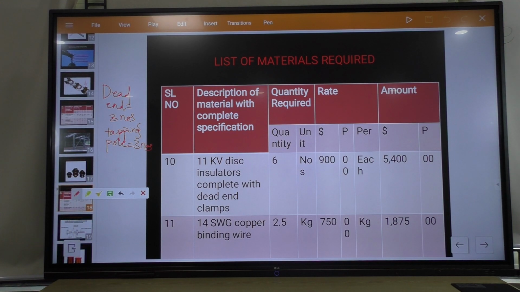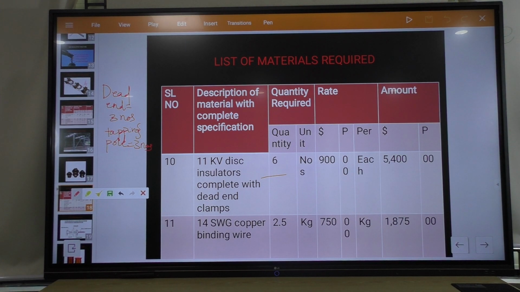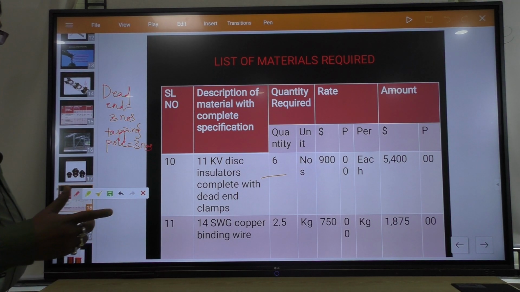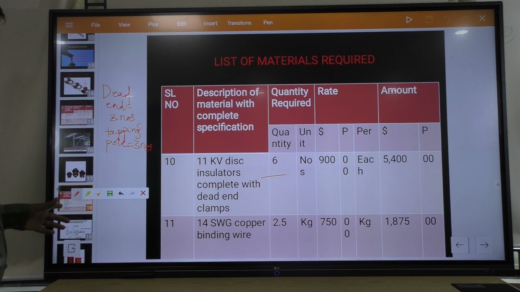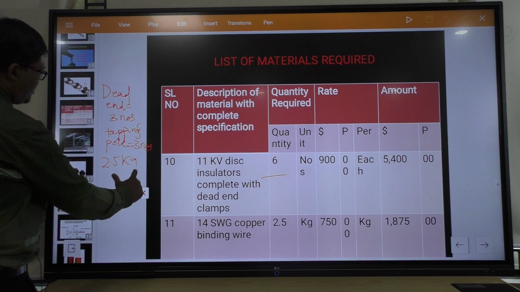So total is 6 numbers. Next, 14 SWG copper binding wire, that means to fix the different earthwire conductors, some copper binding wire is required. That is approximately 2.5 kg.